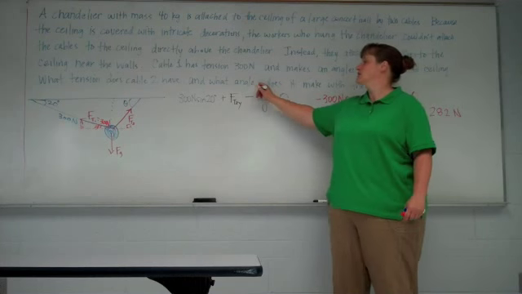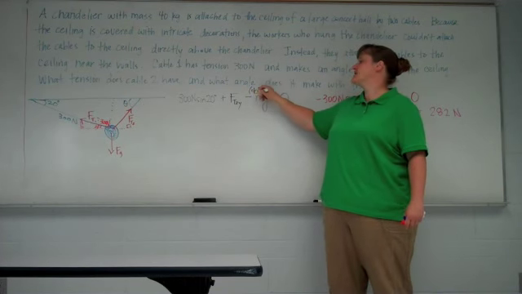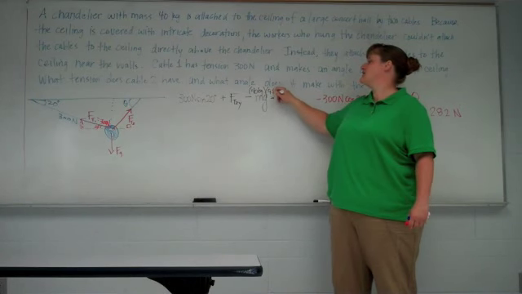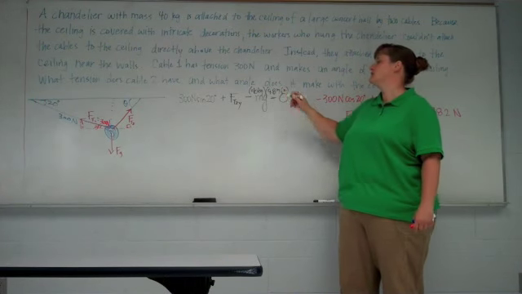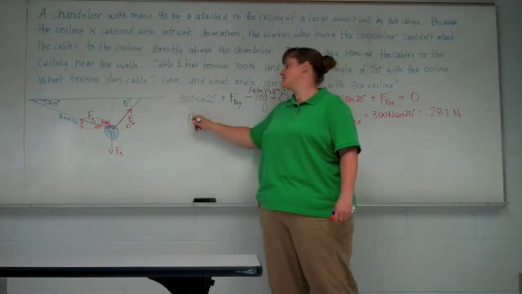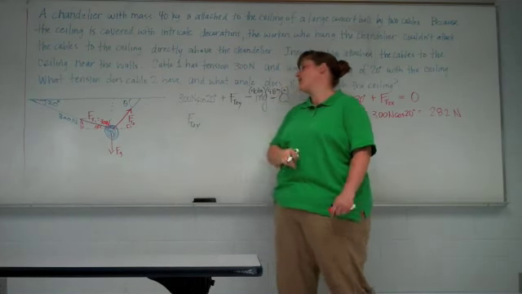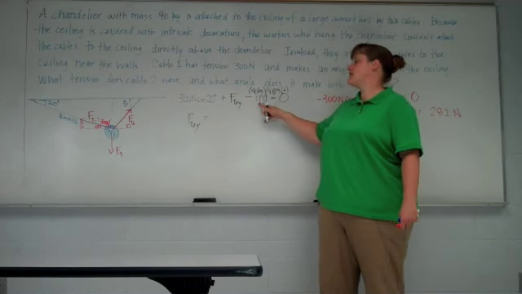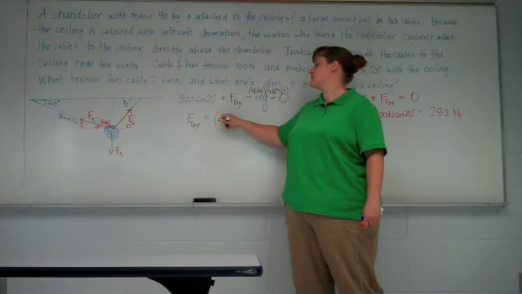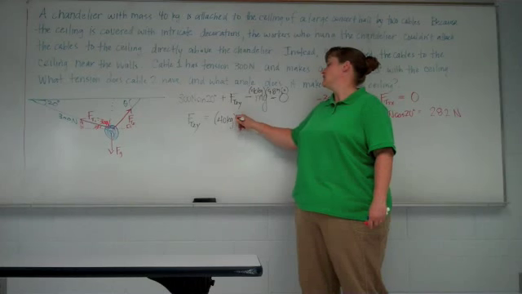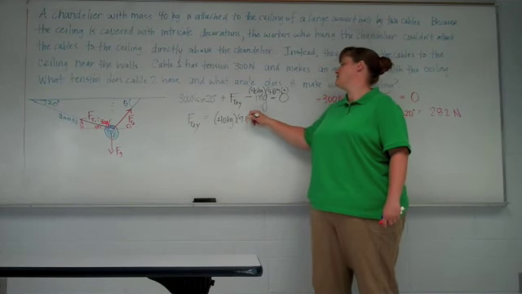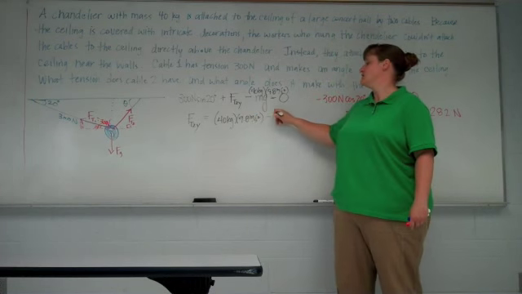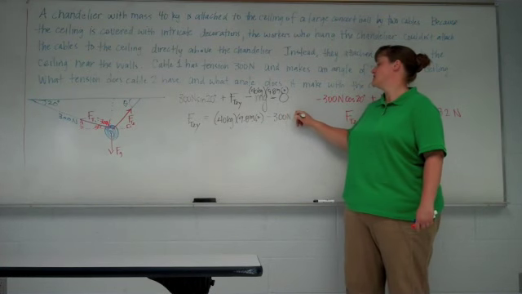We know m. The mass is 40 kilograms, given in the problem. We know g, 9.8 meters per second squared. So the force of tension 2y component will equal, bringing the other stuff to the other side, mg, so 40 kilograms times 9.8 meters per second squared, minus the 300 newtons sine of 20.